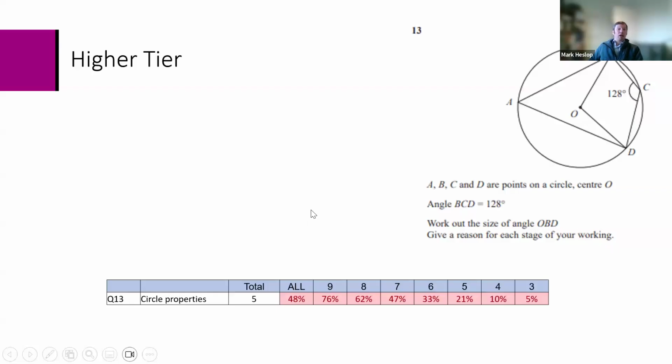Okay. Circle theorems and, to a degree, geometry in general. Students on average scored 48% of the marks, and it's this point here: give a reason for each stage of your working. A common question in geometry is to ask them to provide a reason. Some students lose marks because they're not using the correct statements.